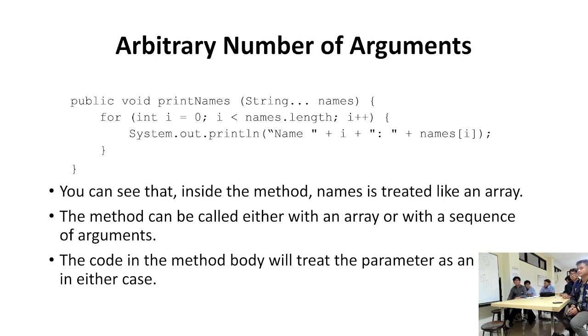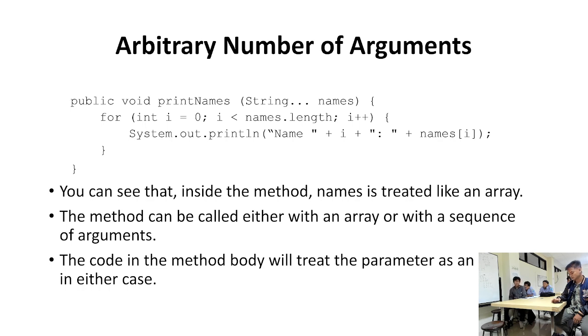Okay, arbitrary number of arguments. We have public void printName, String... names. Three dots, then names. For integer i equal to 0, i less than names.length, i plus plus, System.out.println name plus i plus names[i].